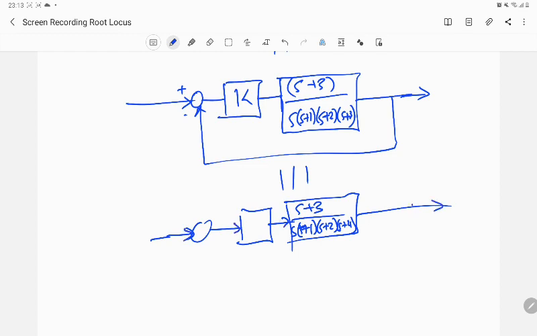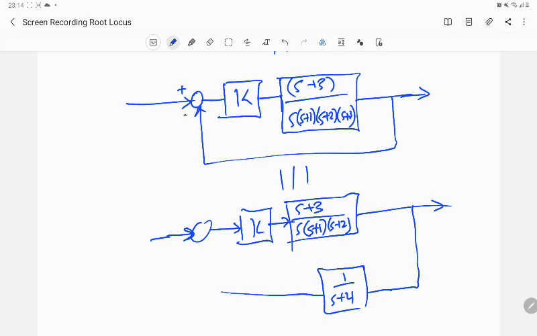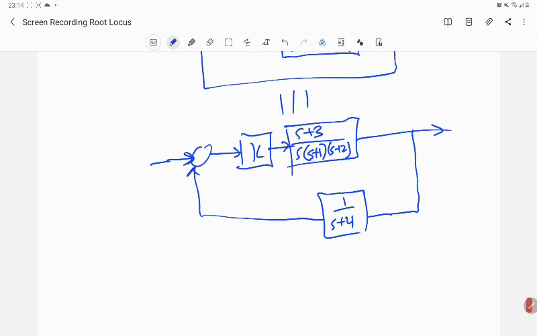So if we had this system, let me change this. So let's say this is s(s + 1)(s + 2), this is K, and this is the H, 1 over (s + 4).